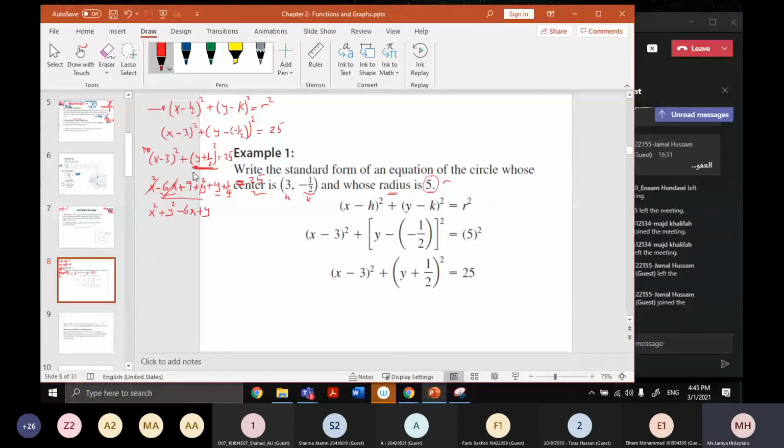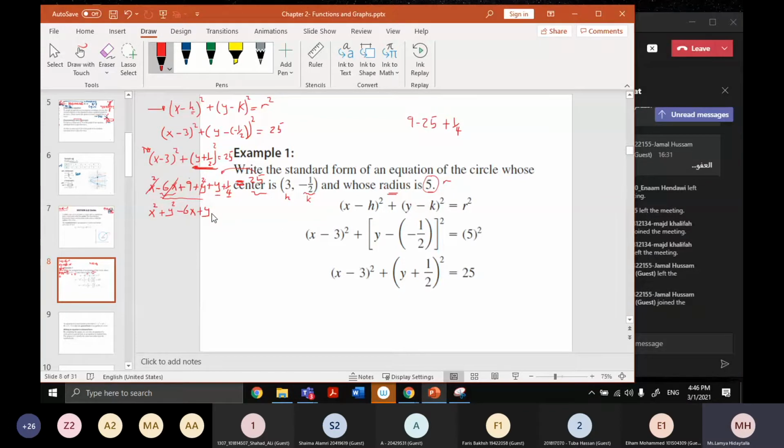Take the 9 and the 1 over 4 to that side, or bring the 25 here. So it's going to be 9 minus 25 and then plus 1 over 4, correct?